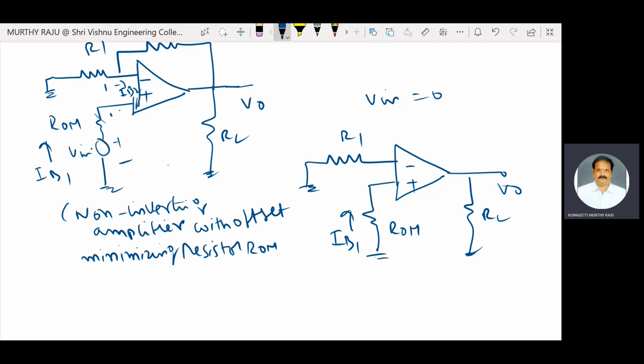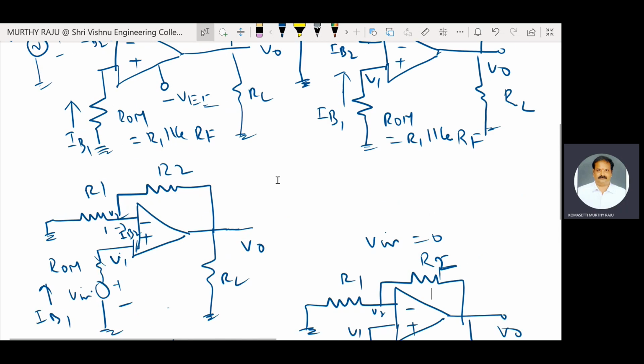This voltage is V1 and this voltage is V2. This one is RF.